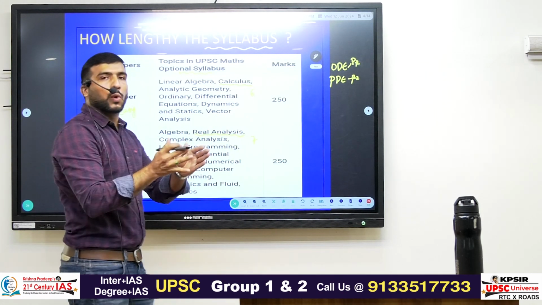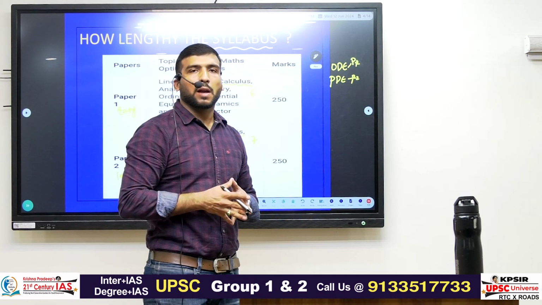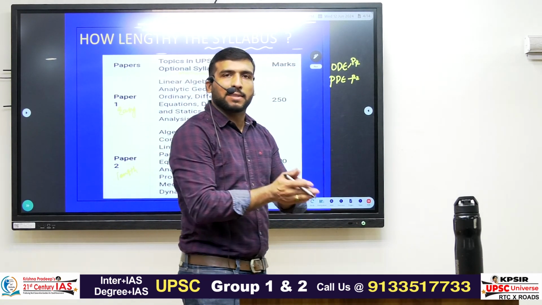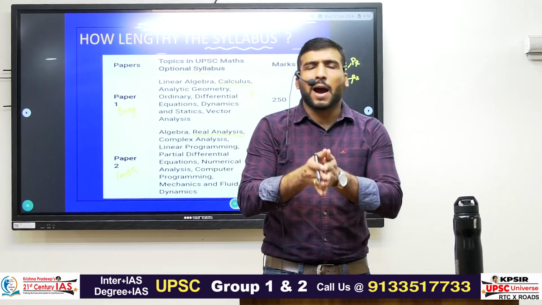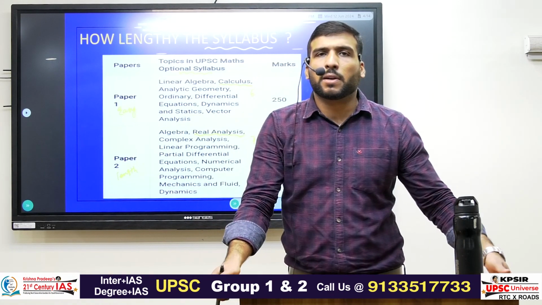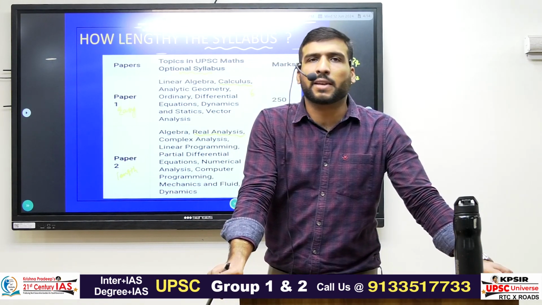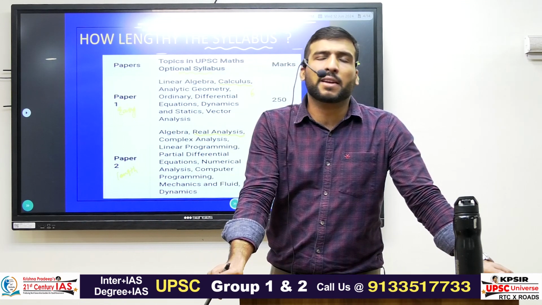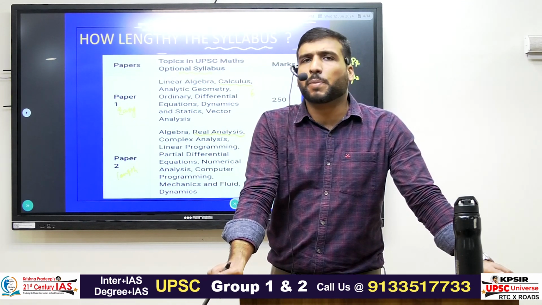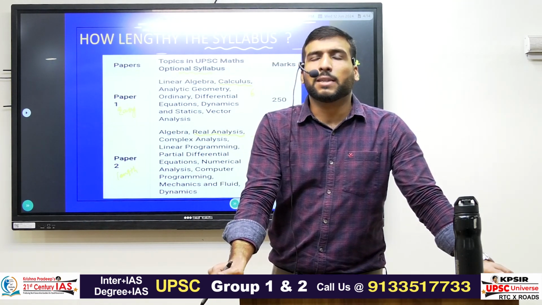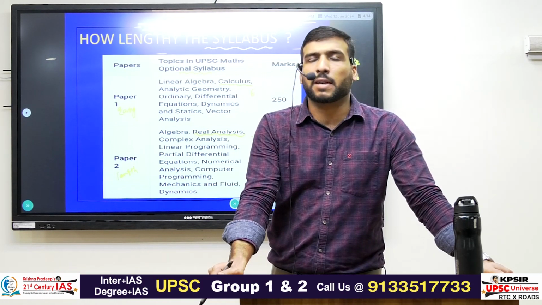There is a correlation of some of the topics. And what we learned till 10th, for example analytical geometry, geometry and matrices that you learned in your 10th class, some of these topics are in our maths optional that you already learned in 10th standard.